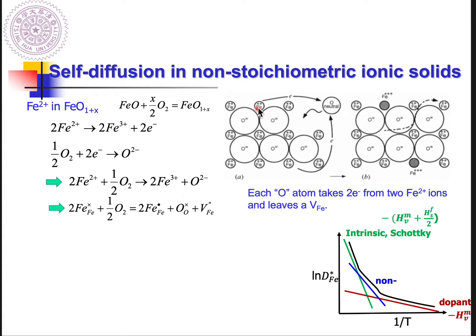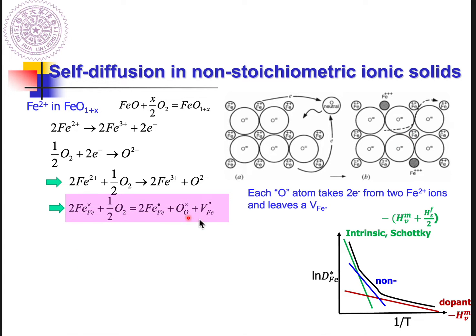It was 2 positive charge, right? And it's going to lose the electrons, so it will become 3 positive charge. Okay, and these iron ions with 2 positive charge are going to satisfy the requirement to reach local charge neutrality. So that will become like this.